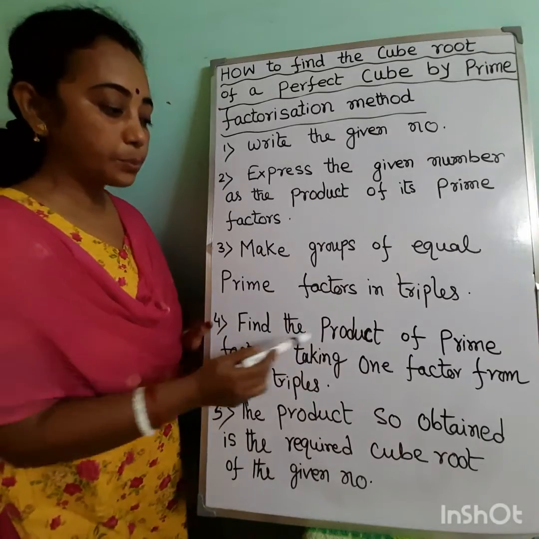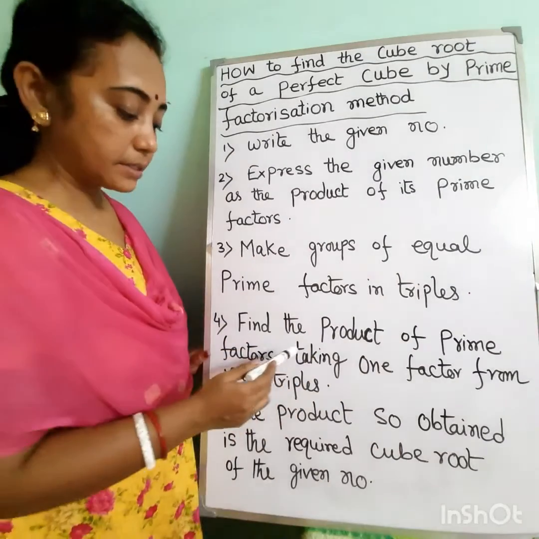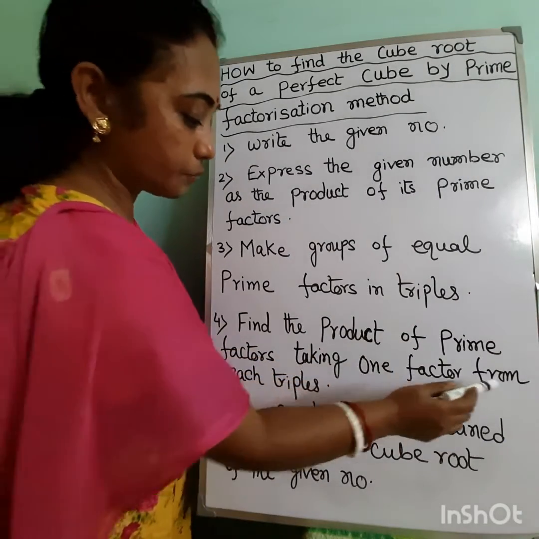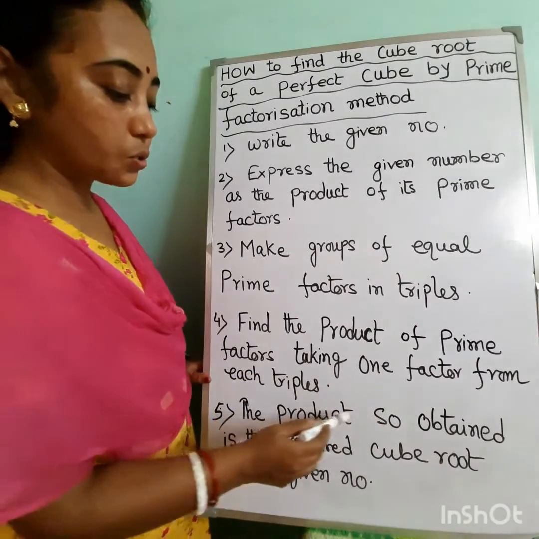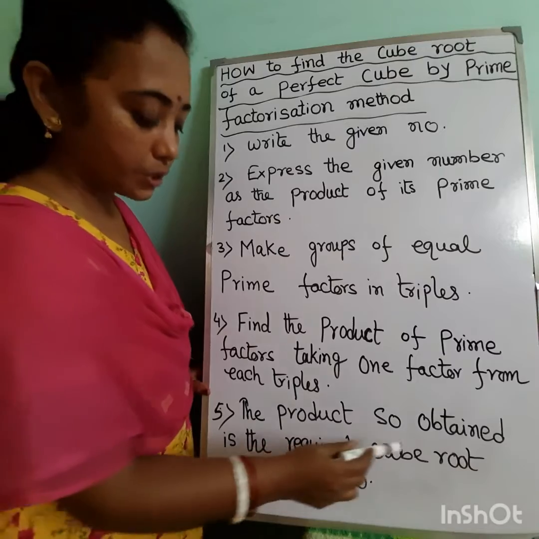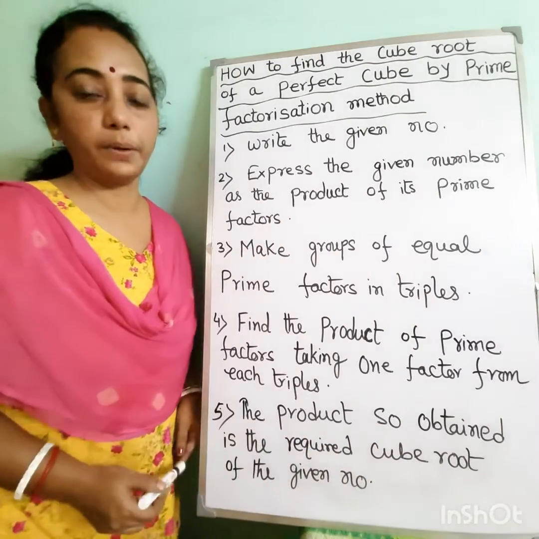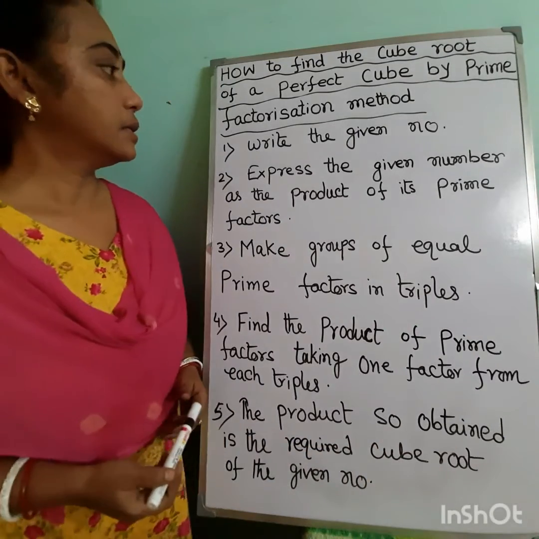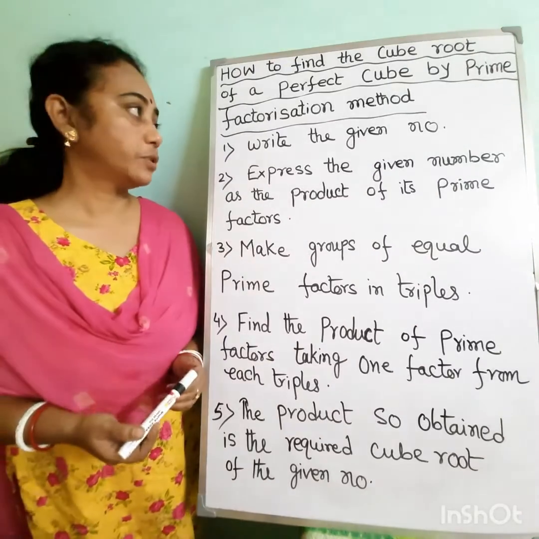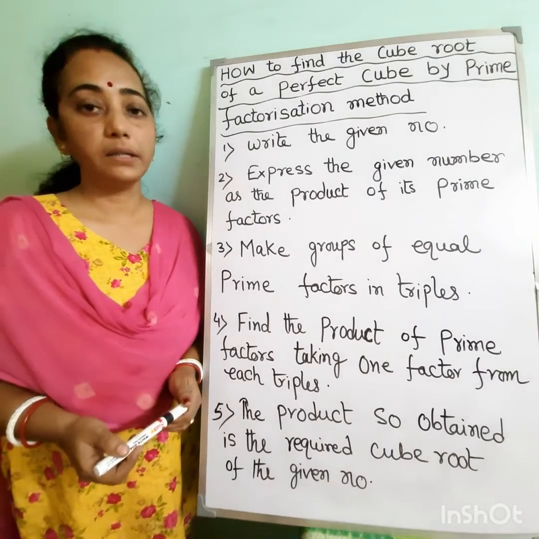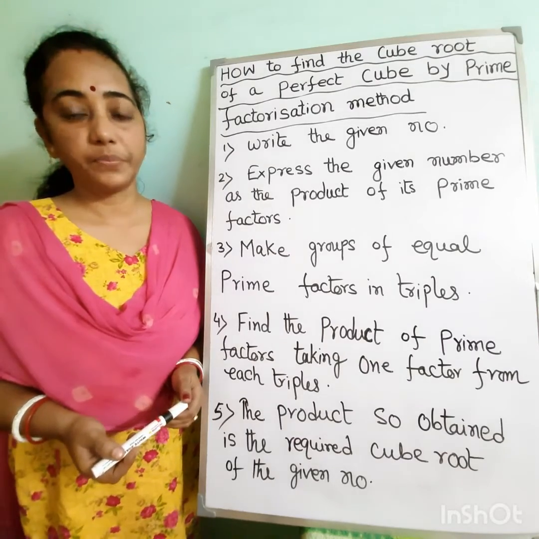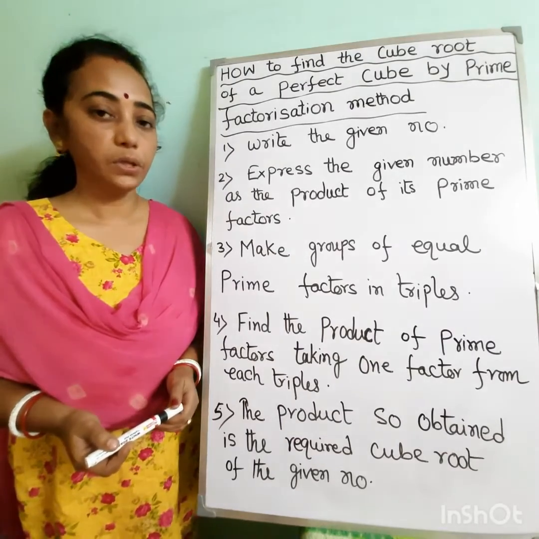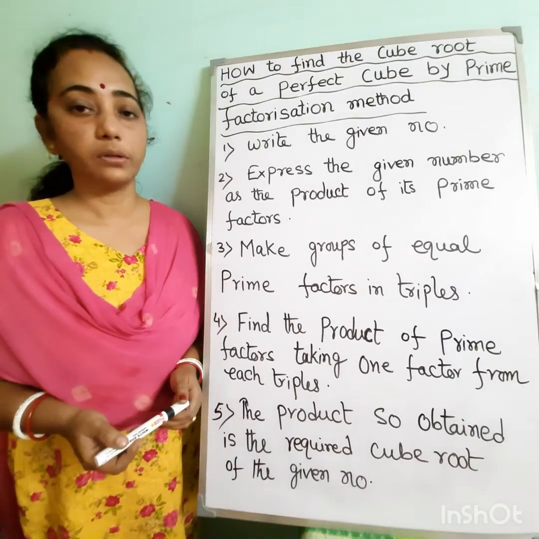Then we find the product of prime factors taking one factor from each triple. The product so obtained is the required cube root of the given number. So these are the steps that we will follow when we find the cube root of a given perfect cube number. Let's see some examples to understand the method.